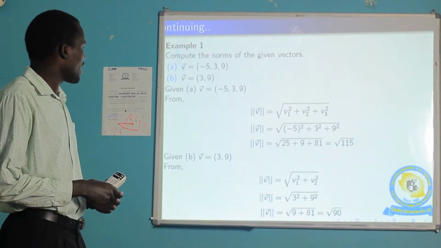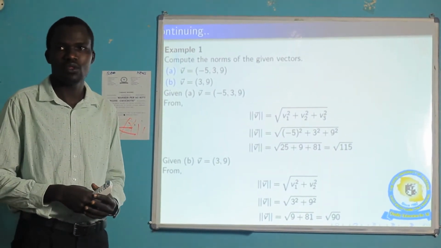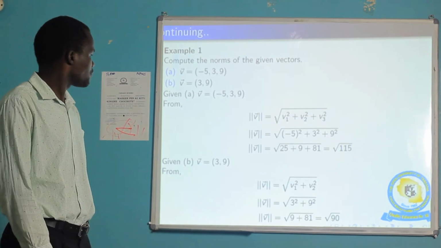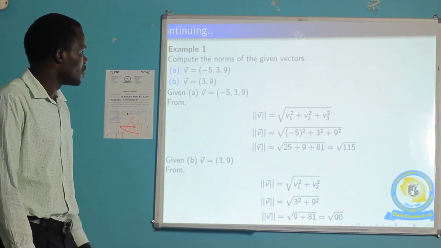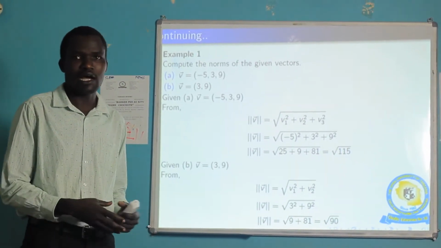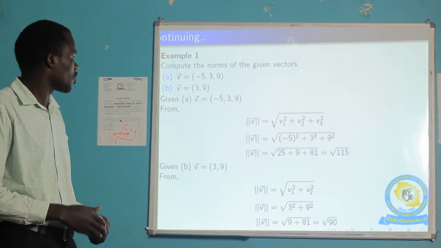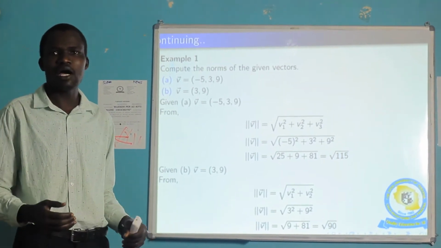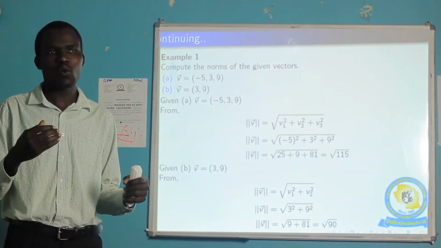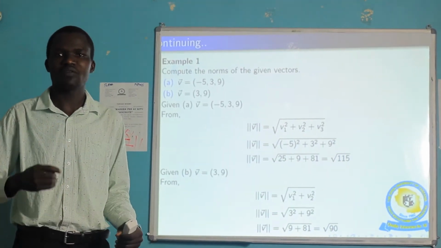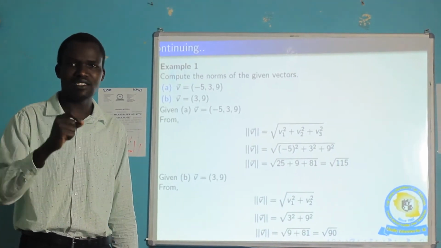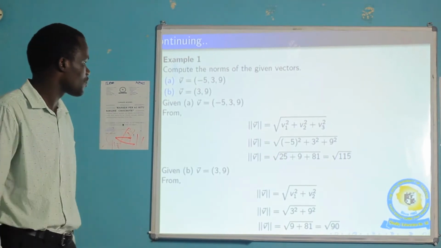We ask you to find the norm of each vector. From the definition of the norm, it's just the square root of the sum of the squares of the entries of the vector.